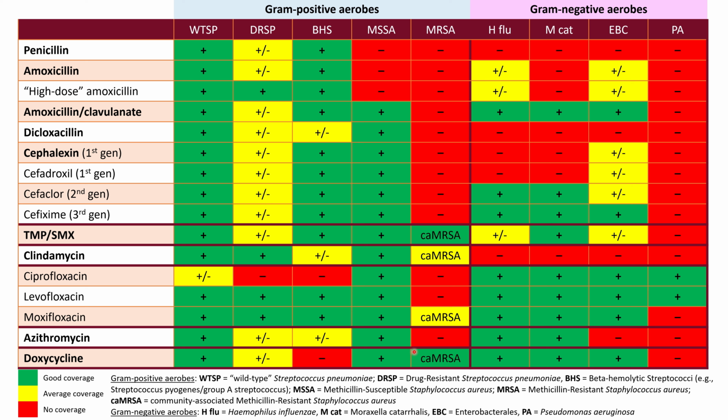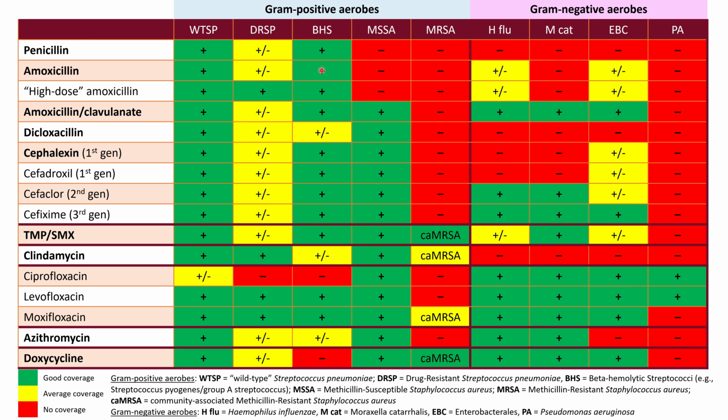Let's take a look at the spectrum of activity of common antibiotics used for skin and soft tissue infection. Of course, here we have wild type strep pneumo, drug resistant strep pneumo, beta hemolytic strep, MSSA, MRSA, and some gram negatives. Now, in particular, we are going to focus on beta hemolytic strep and MSSA and MRSA. So you can see that penicillin has excellent activity against beta hemolytic strep, but no activity against MSSA or MRSA. The same for amoxicillin, no activity against MSSA or MRSA.